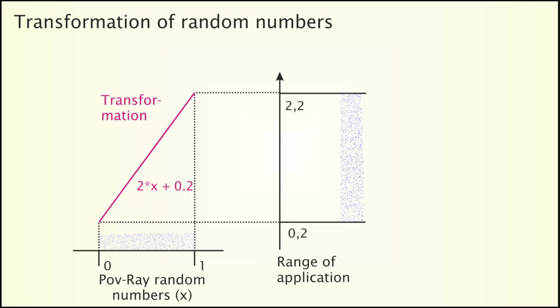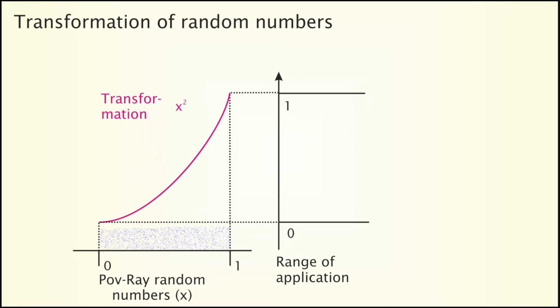But you can change this by using nonlinear transformations, like, for example, x to the power of 2, this quadratic equation. In this case, you will get a new distribution of random numbers with an accumulation of random numbers at the bottom of your new range of application.